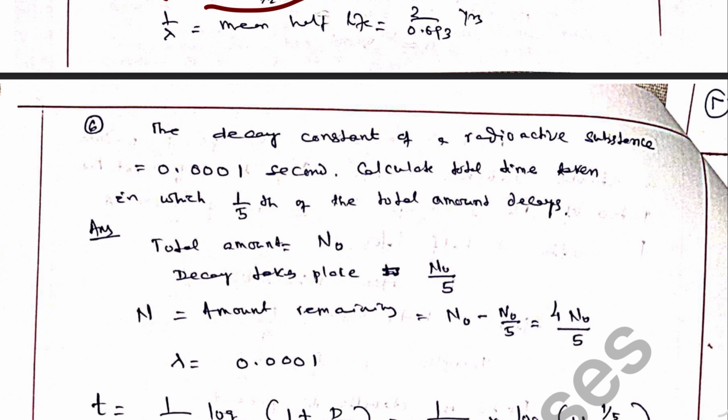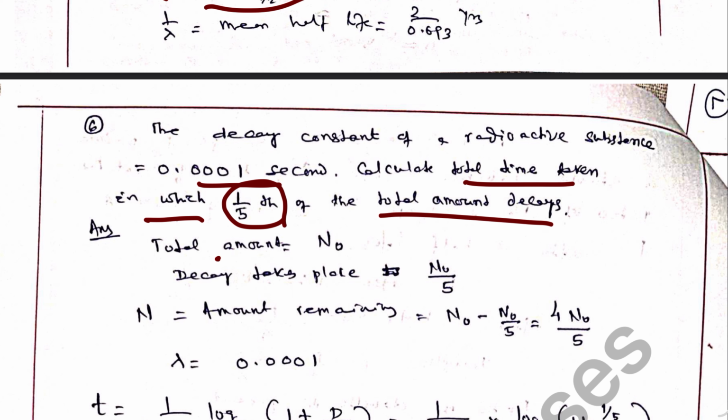The decay constant of a radioactive substance is given. Calculate the total time taken in which 1/5 of the total amount decays. We have got the decay constant. Total amount is N0. Decay takes place to N0 by 5.